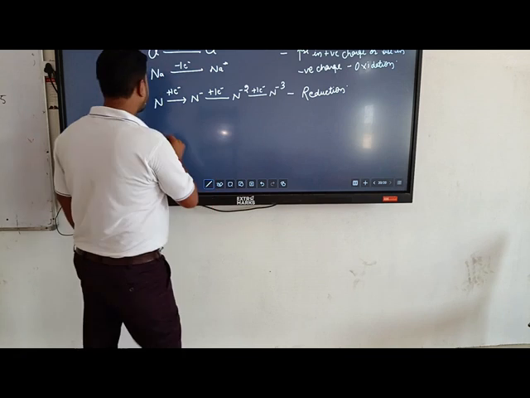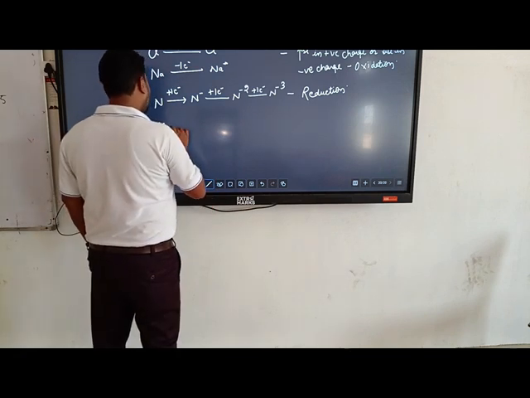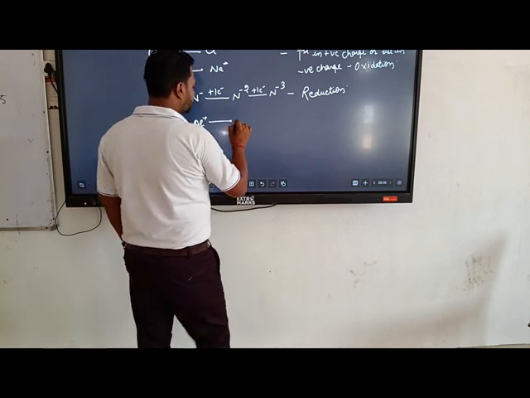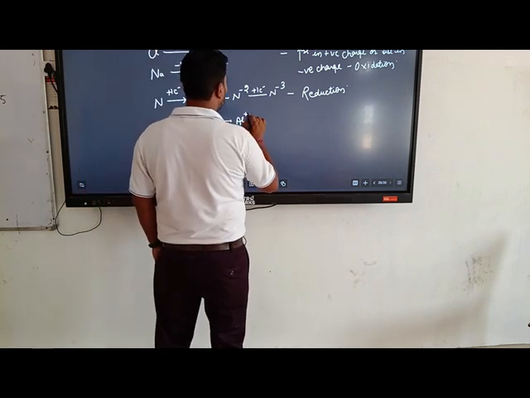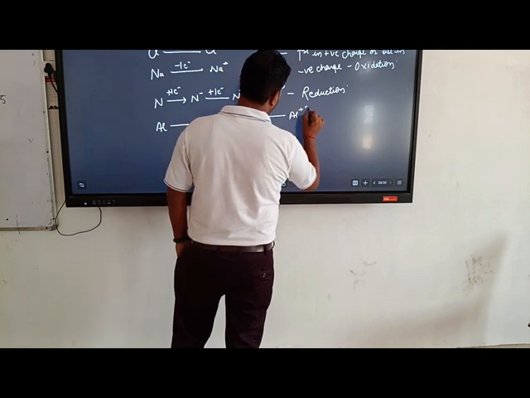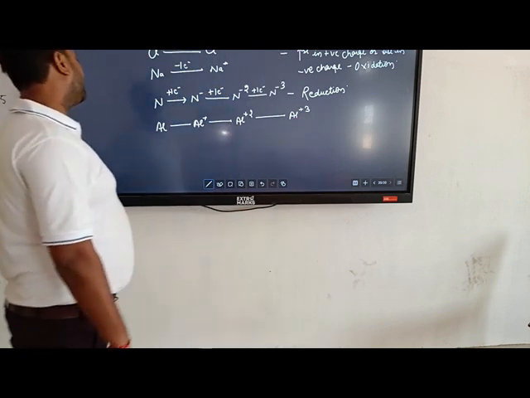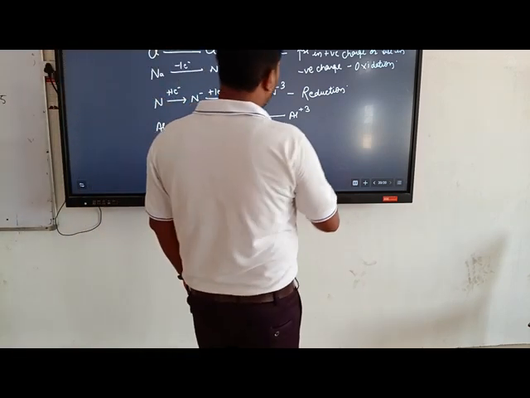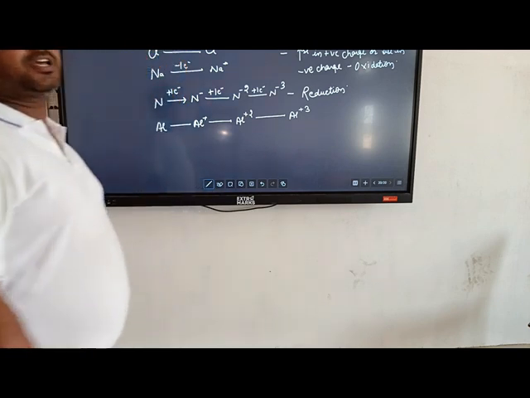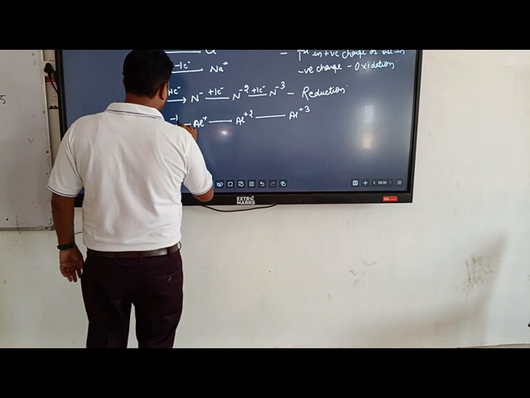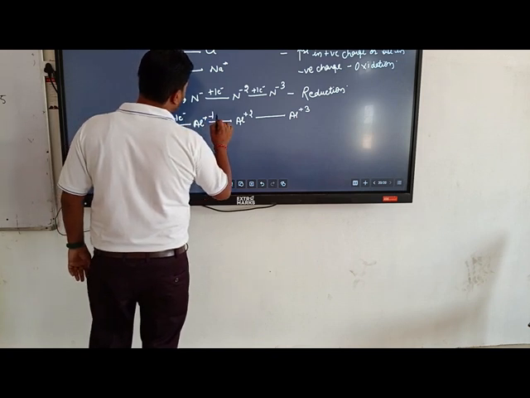Now moving towards the next example like this. Al has converted to Al+, which is again converted to Al2+, which is again converted to Al3+. So either conversion of Al to Al+, or Al+ to Al2+, or Al2+ to Al3+, in all these conversions there is removal of electron that has taken place.